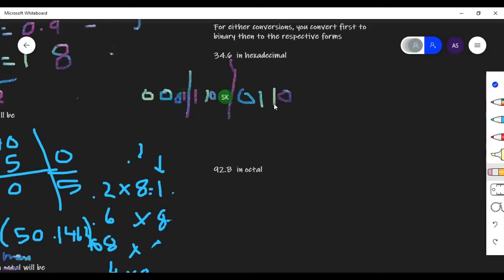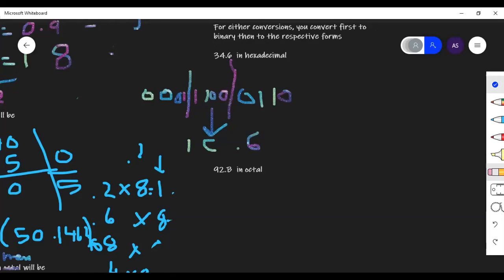So now 1100 is C. So we get our C here, and 0001 is 1, so 1C, and then after our decimal point we have 0110, which is 6. So we get 1C.6. This is a fairly easy process, just 2 steps.